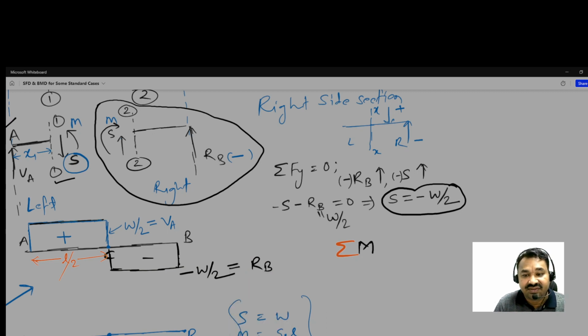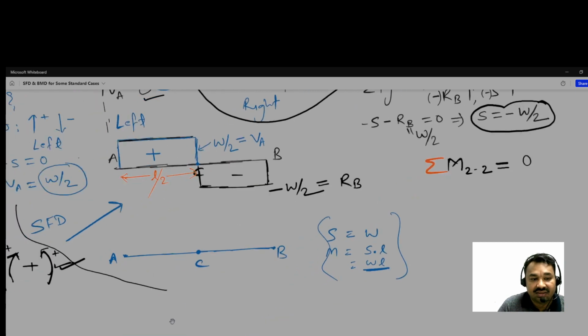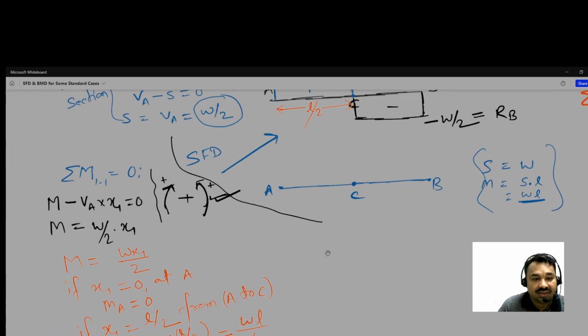bending moment about the section 2 here, you can see, this portion we are going to study. So it is equal to what? So see here, the moment, the sign convention, and the clockwise what we have taken, whether we had taken positive or negative.